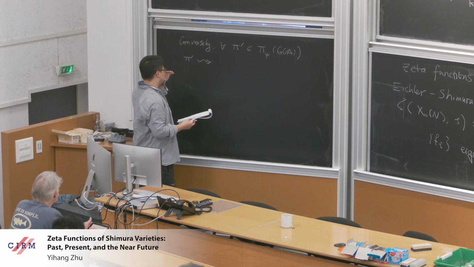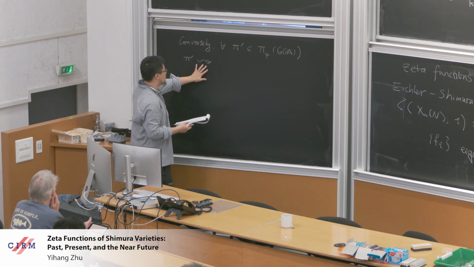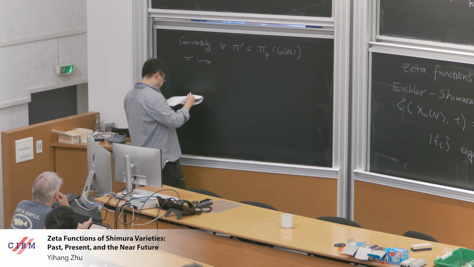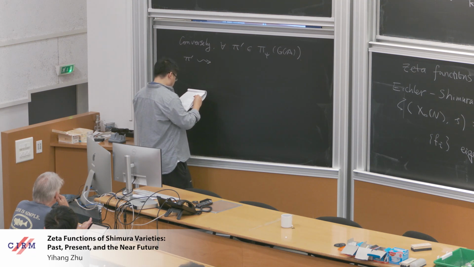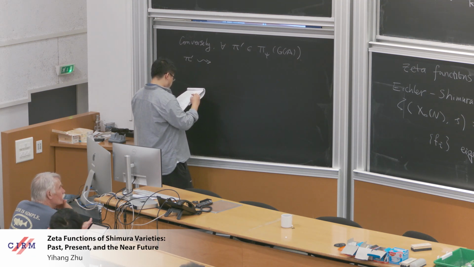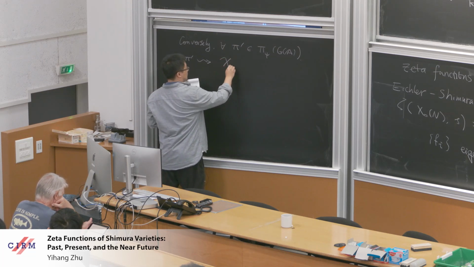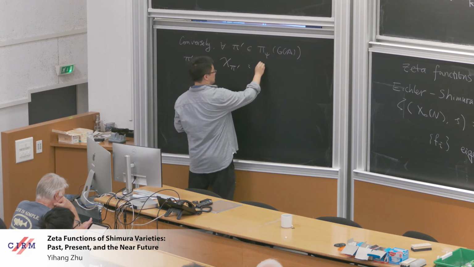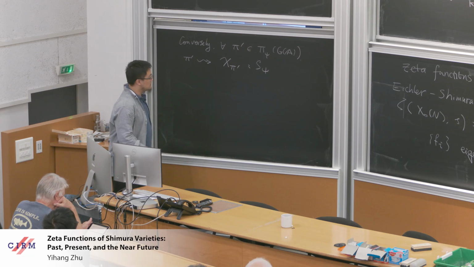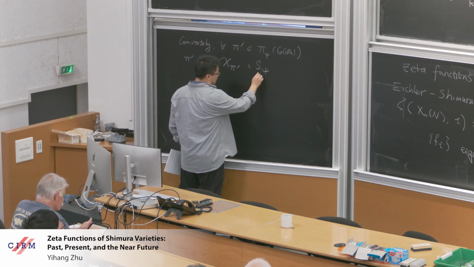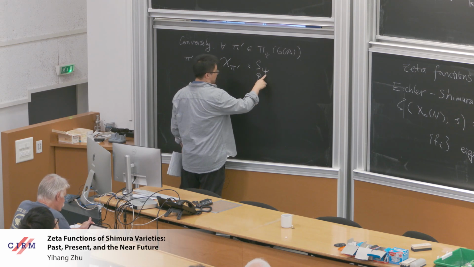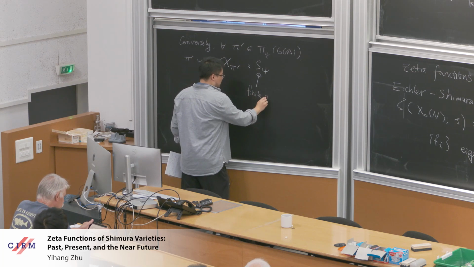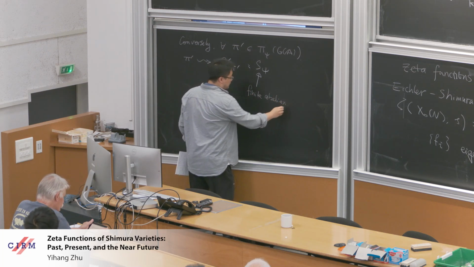But supposing all those are done, then this pi prime should give rise to a certain representation of the centralizer group. Let me denote it by chi pi prime. This is a representation of the centralizer group of psi, and for simplicity, throughout the whole talk, I'm going to assume that all my Arthur parameters have the property that S psi is a finite abelian group, so I don't need to distinguish between representations and characters.